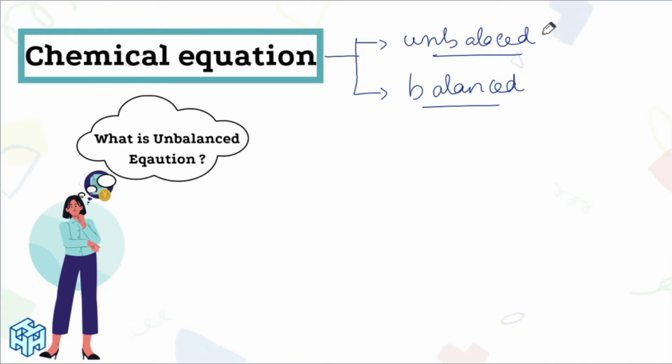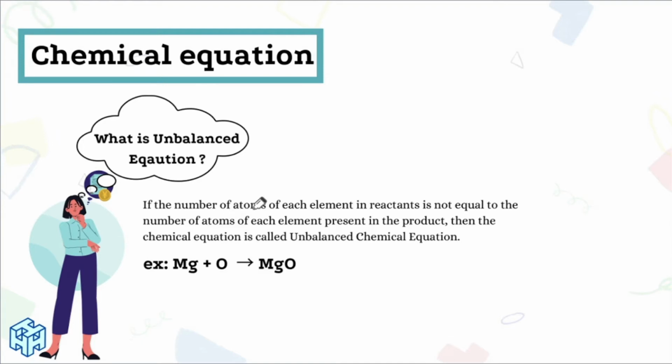Unbalanced means if the number of atoms of each element in the reactant is not equal to the atoms of the element in the product, then this equation is called unbalanced. So this is very complex. Sir, I am not able to get it. It's really fine.